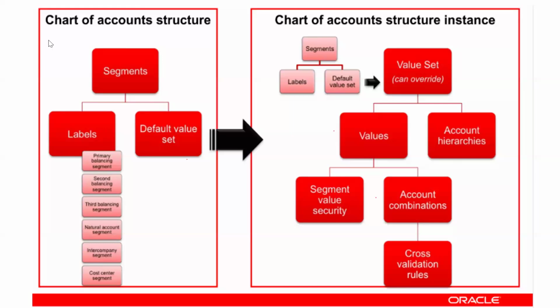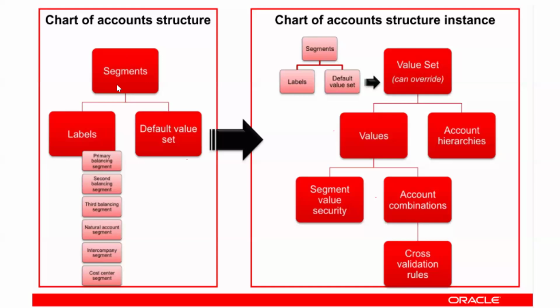At the enterprise structure level, the major configuration we do is to configure segments, and at each segment level we assign segment labels and default value sets. Once you have created the segments, based on the company requirement, you decide how many segments you need, like company, department, and so on.